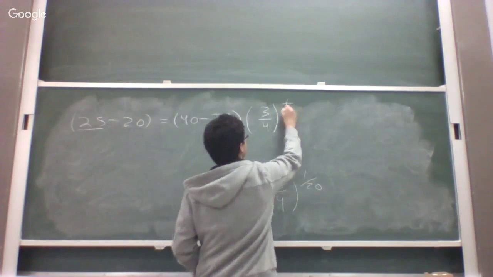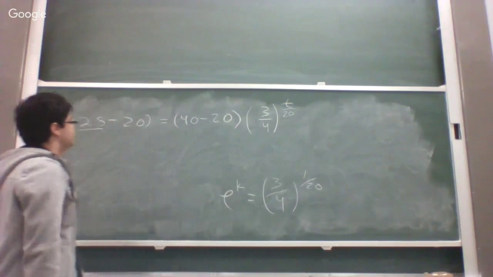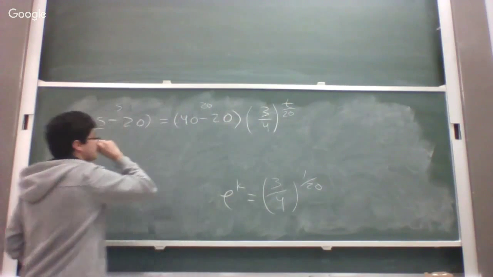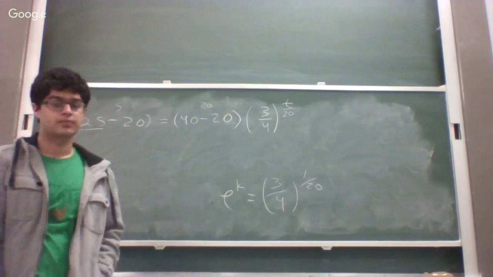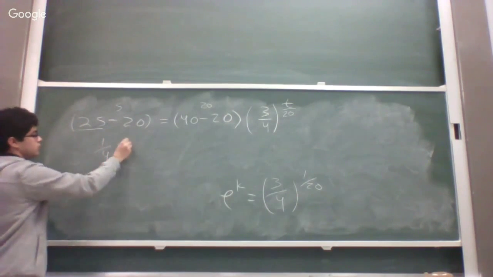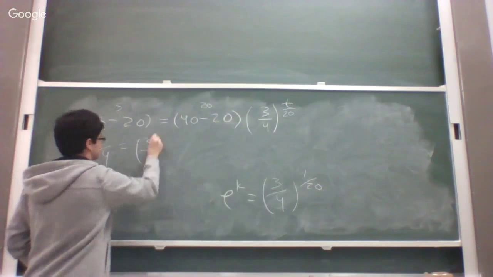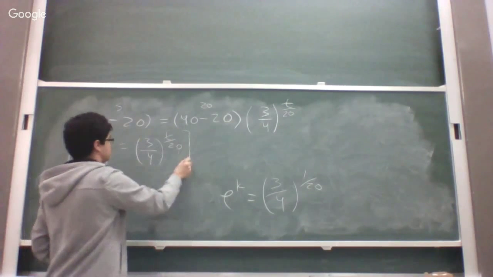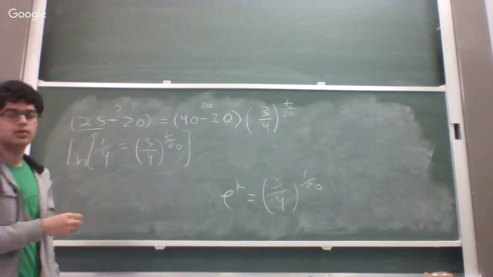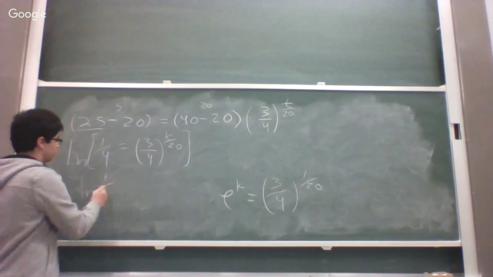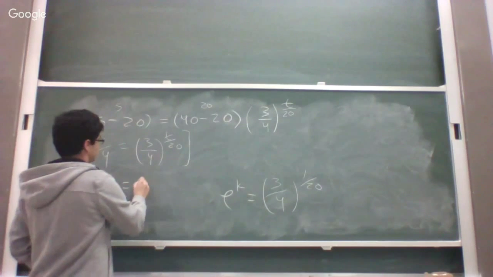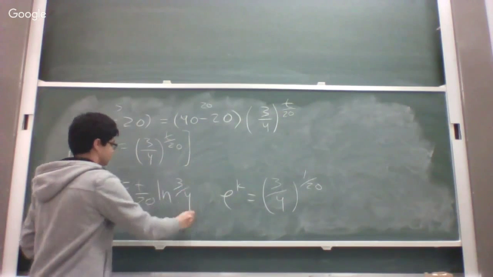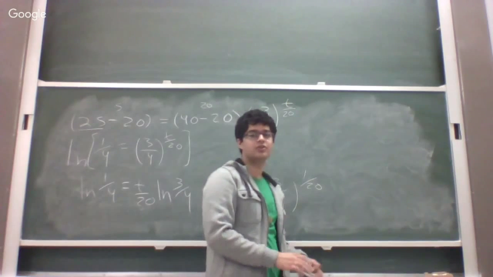So then it'd be t over 20. This is 5, sorry, over 20, so that would be 1/4. We would do the natural log of both sides. Here we have the natural log of 1/4 equal to t over 20 times the natural log of 3/4. Any questions?